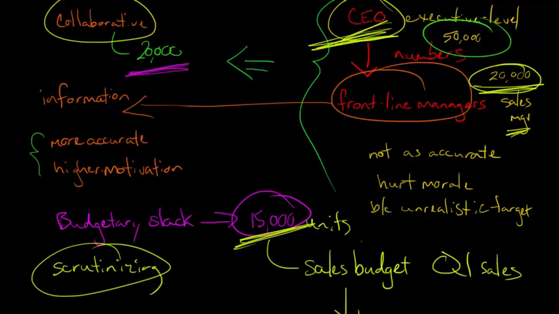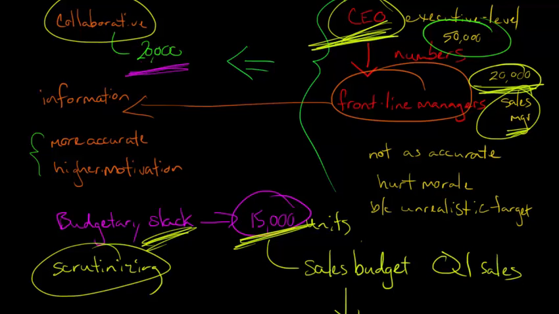They're scrutinizing some of this to make sure that we're avoiding slack being built into the system. And maybe the CEO sets up some kind of reward system to incentivize the sales manager to truthfully report what they believe the sales are going to be. Maybe if they keep underreporting what the sales are, they get penalized somehow.